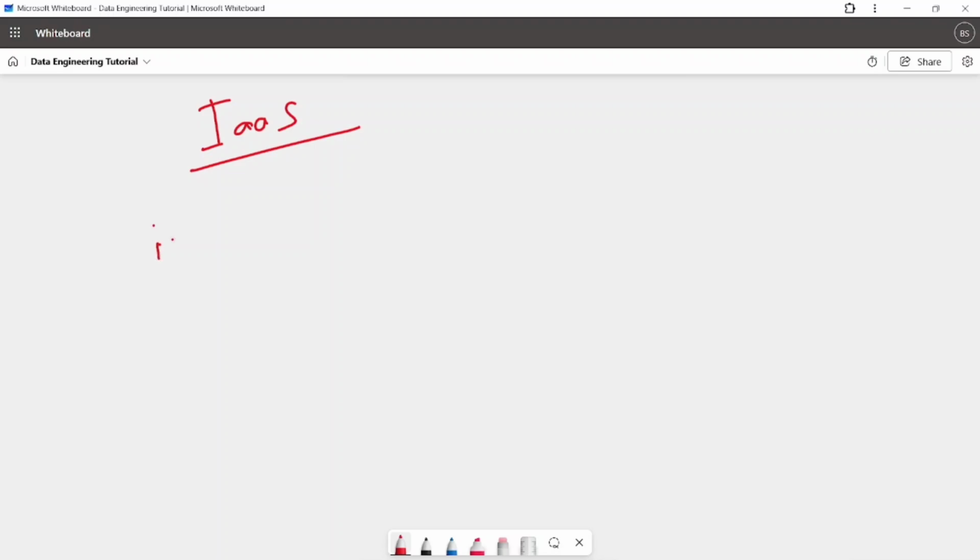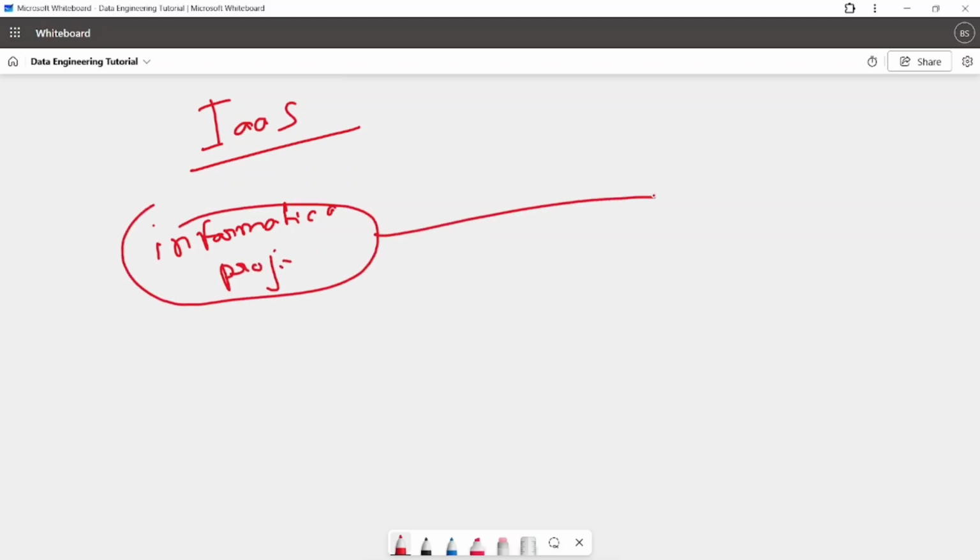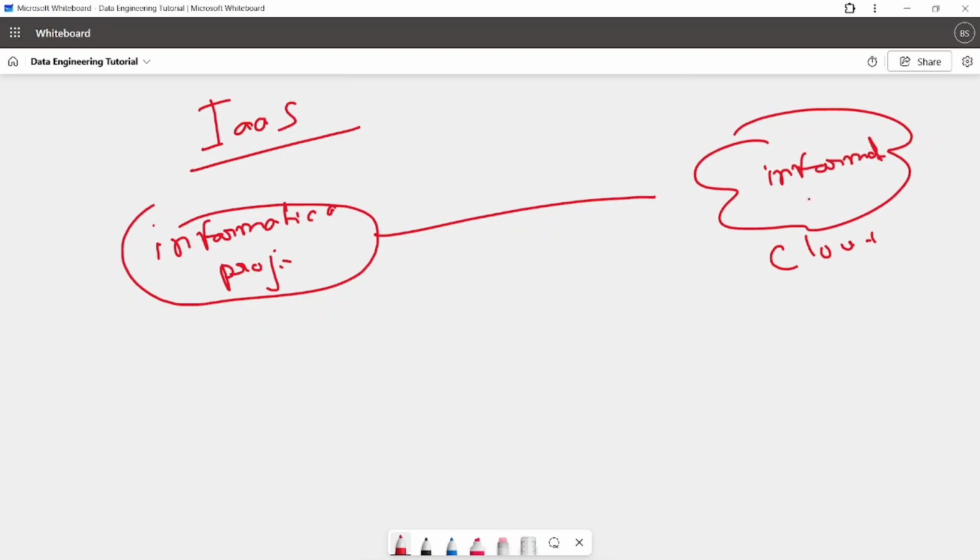For example, an Informatica project that wants to move from on-prem to cloud with IaaS. IaaS means infrastructure as a service.